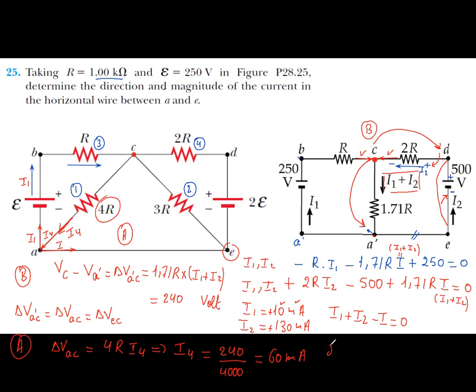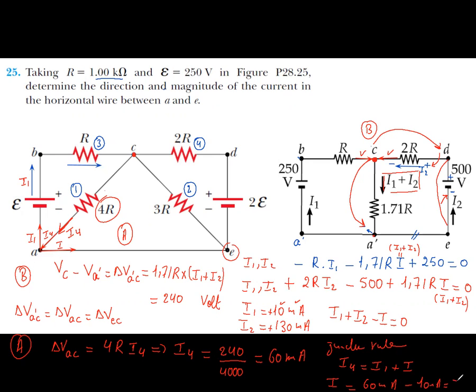So junction rule: I in, which is I4, equals I out, I1 plus I. So we can calculate I, which is equal to I4, equal to 60 milliampere, minus I1, which is equal to 10 milliampere.